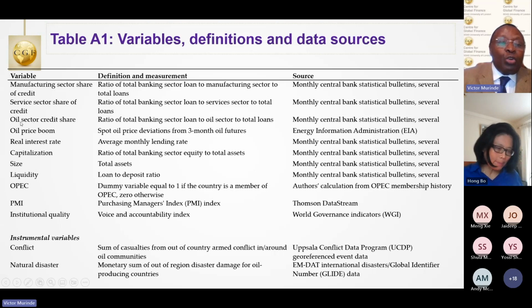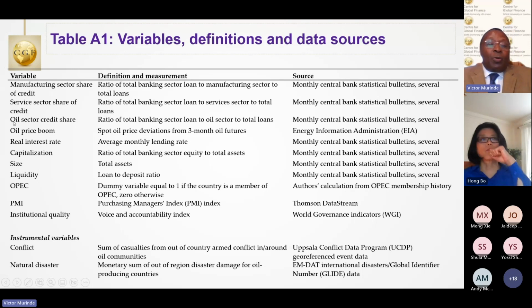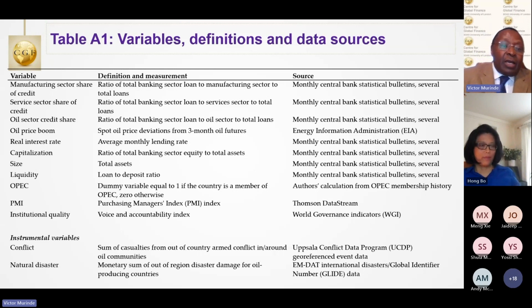And then the oil sector credit share, the ratio of total banking sector loans to the oil sector as a ratio of total loans. So these three are the variables of interest for the dependent variable in the empirical model we specified earlier.